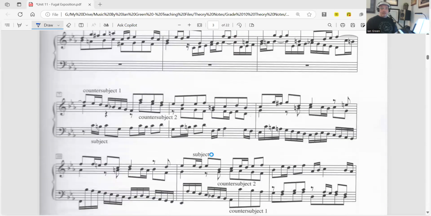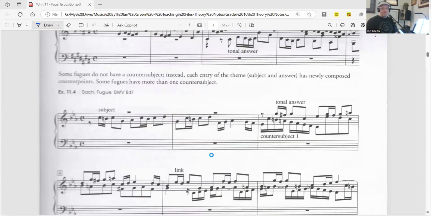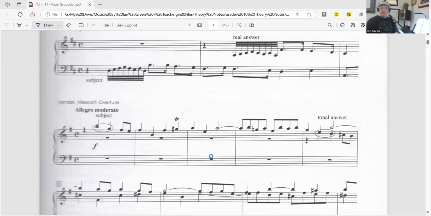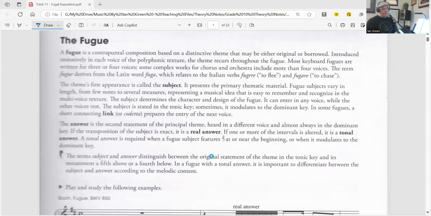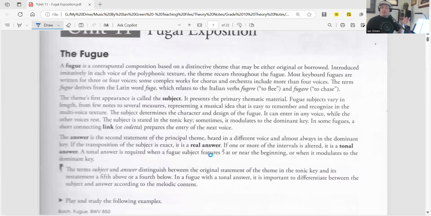Now, if we continue sharing the screen, something that's interesting that I'd also like to explain are something called links, which are different parts that aren't exactly a subject or an answer. We also know of this as the traditional word codetta. So a codetta occurs as a link in between one subject and the next answer.